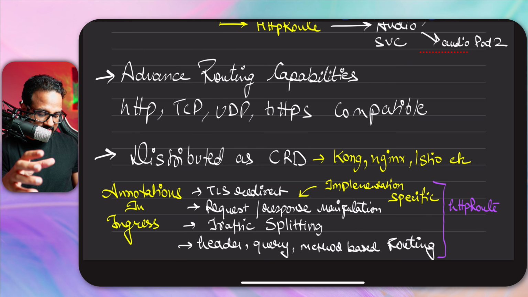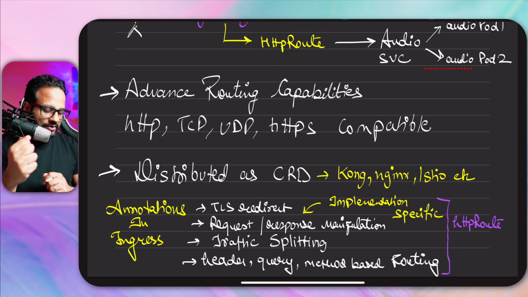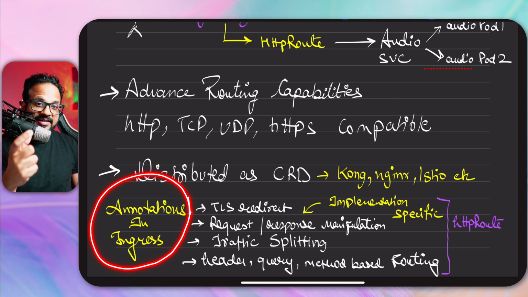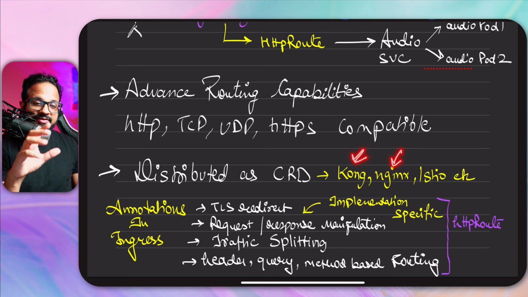The other difference is in Ingress, whenever we have to do something like routing, or when we have to do, let's say, a TLS redirect, we have to add annotations in the Ingress, right? It is done by adding annotations, but these annotations are not standard, right? If you are using Kong, it will be a different annotation. If you are using Nginx, it will be a different annotation.